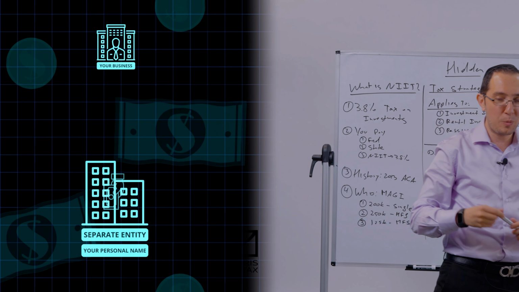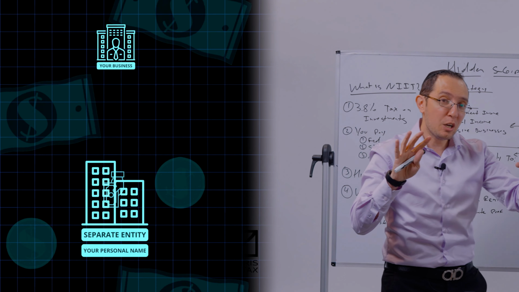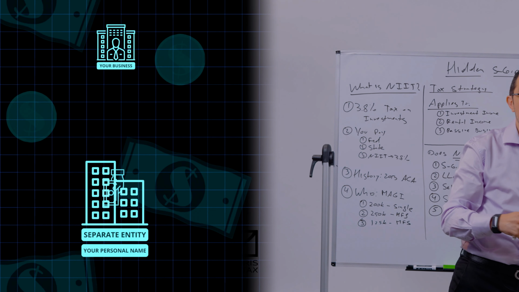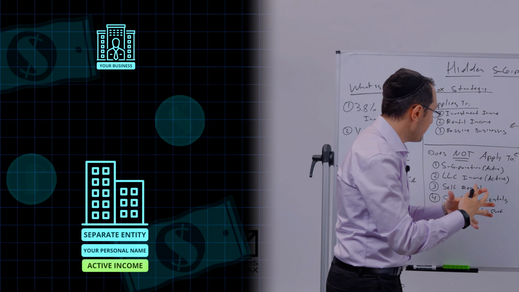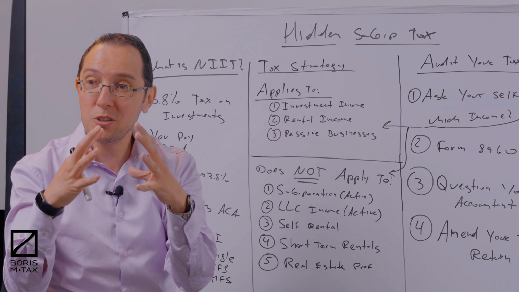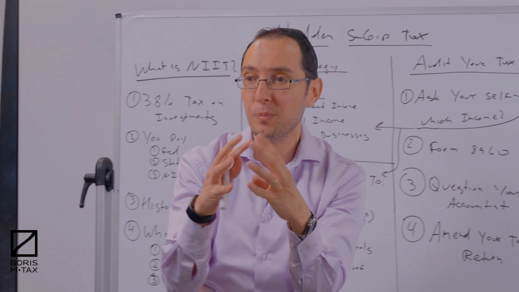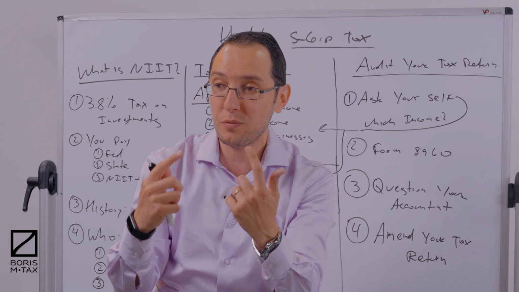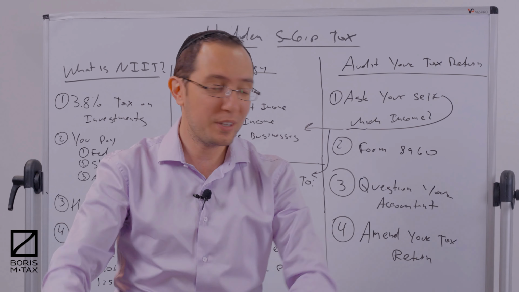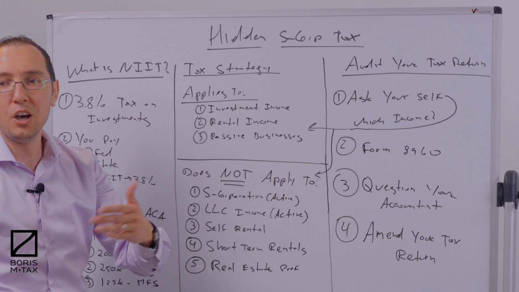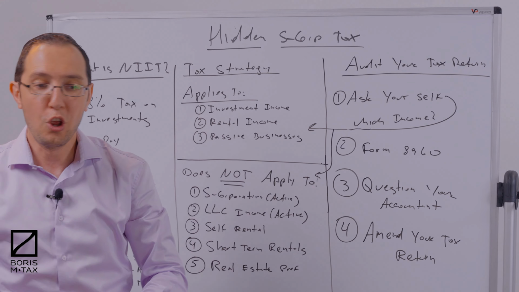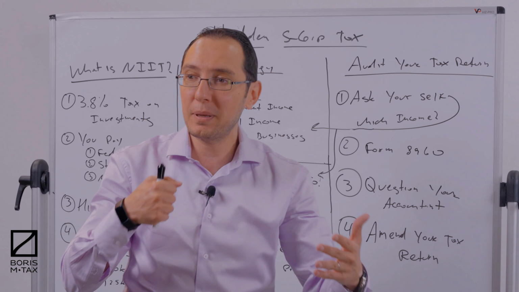I'll put it in the description below. That income is not classified as an investment income, okay? It is an active income because it's part of your business. It is grouped together with your business on your tax return under Section 469. I'm not going to bore you with details, but it's important to know that if you have a self-rental, that's another area on the tax return where this hidden tax just, bam, kicks in.